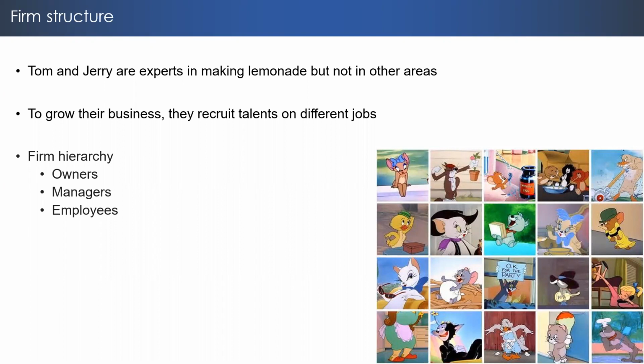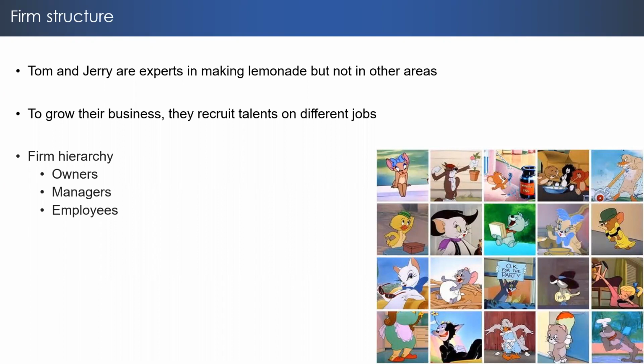And then we will have a hierarchy for a firm, meaning that if Tom and Jerry are the founders and owners, they are likely to be managers. Or if they really want to hire someone who knows how to manage a company, they can hire someone from outside to be managers.